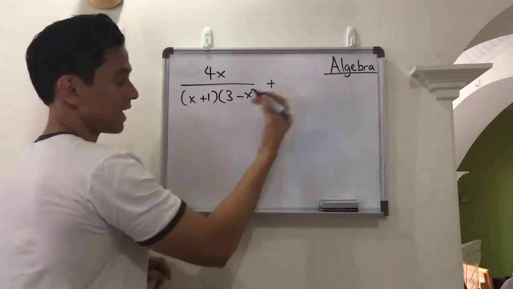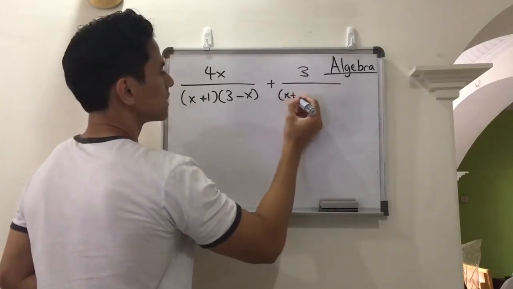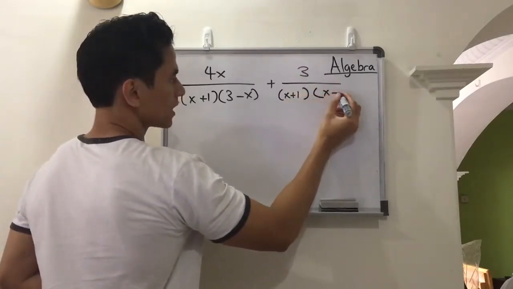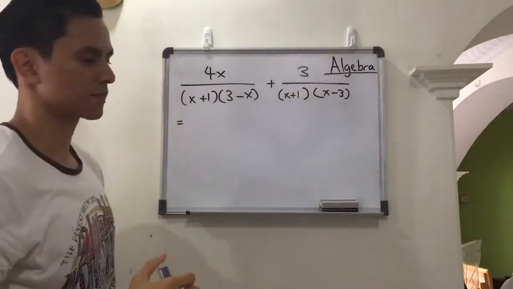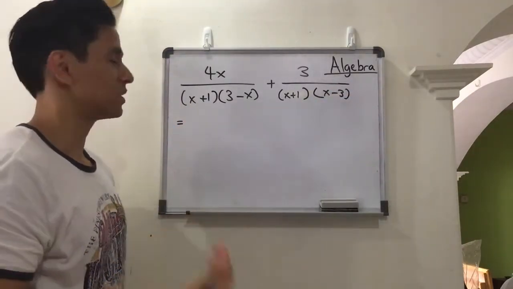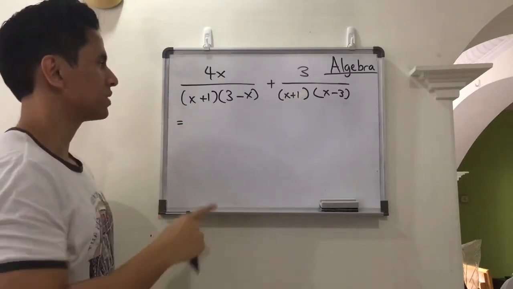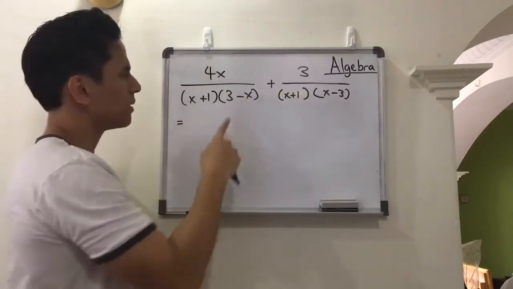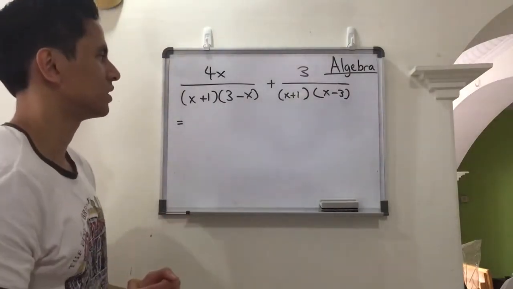This is added to 3 over x plus 1 and x minus 3. Okay, so now what happens? I'm going to compare the denominator once again. Always when we have these types of questions, we compare the denominator. We see that this and these are the same, but this and this are different. So they're slightly different. What can we do?